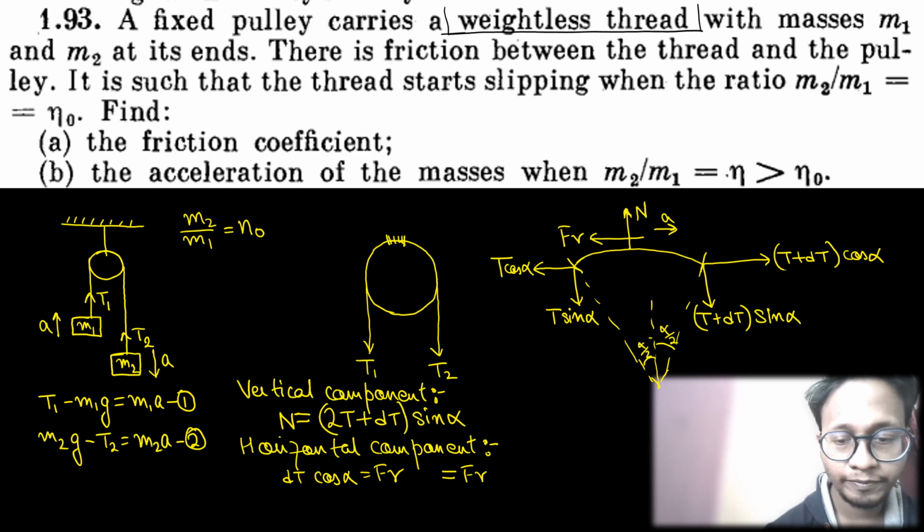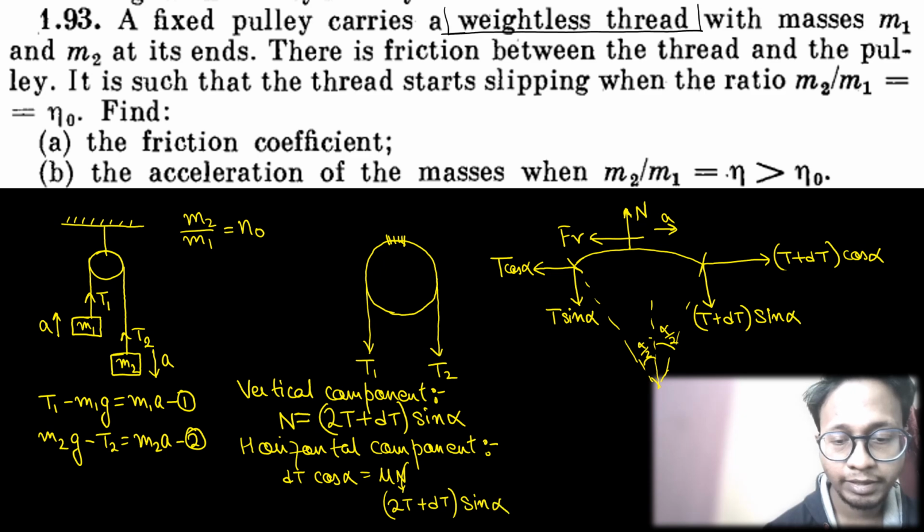Now what is the value of friction force? Friction force is always mu into N. What is the value of N? The value of N from the vertical component is (2T plus dT) sin alpha. So if I write the value of N, mu into N is equal to mu (2T plus dT) sin alpha.